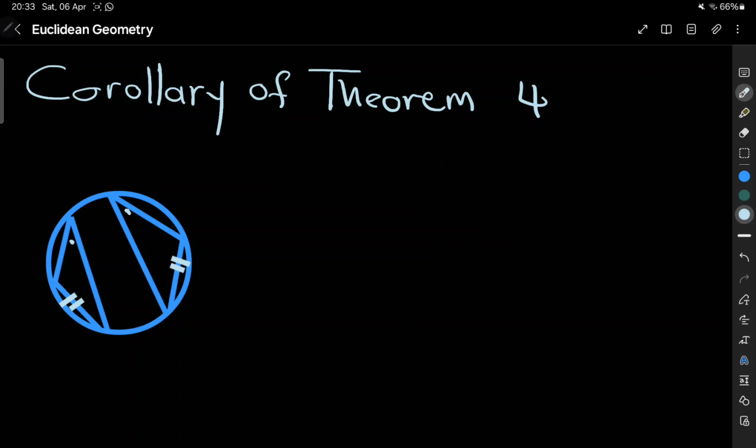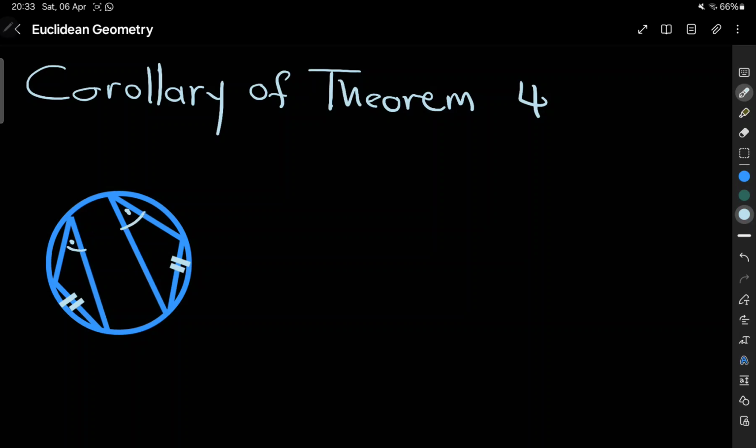To repeat that, if we have two triangles in the same circle, and these triangles have equal chords, then they subtend the same angle at the circumference. So this angle will be equal to that other angle.